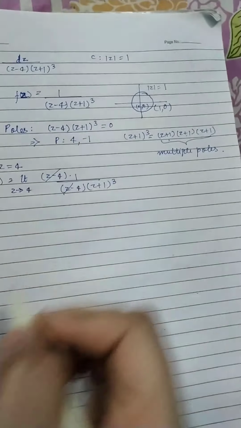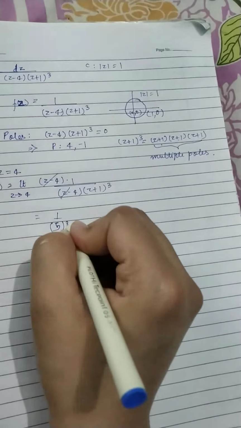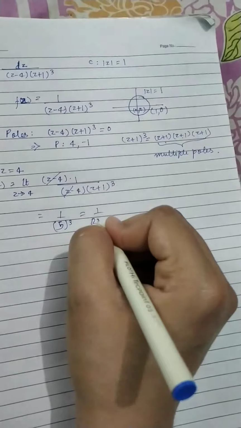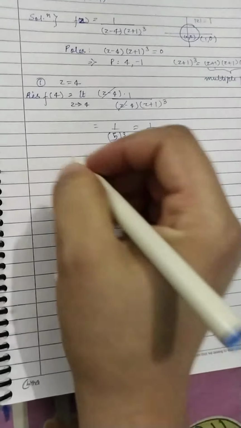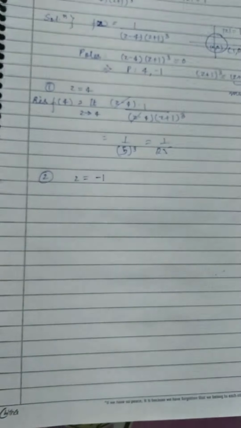So z minus 4 gets cancelled, and we have 1 by 5 whole cube, which equals 1 upon 125. Next we will see for z equals minus 1.